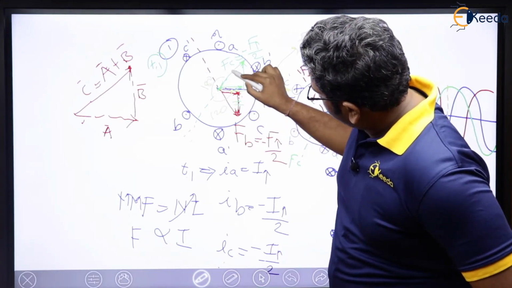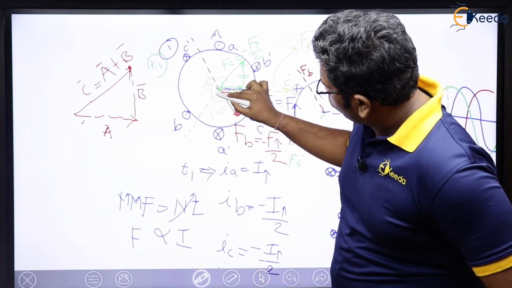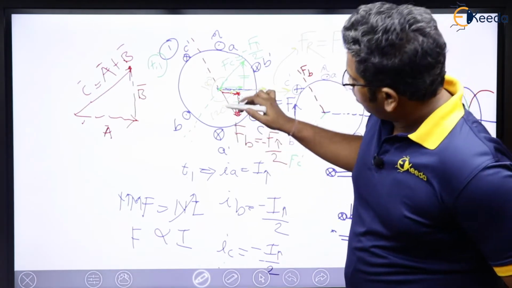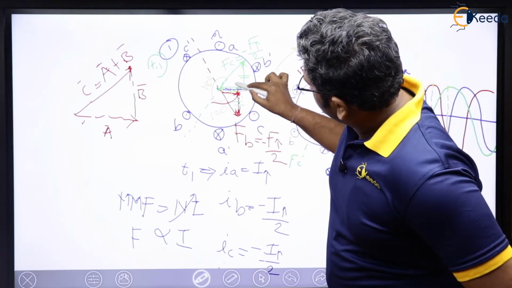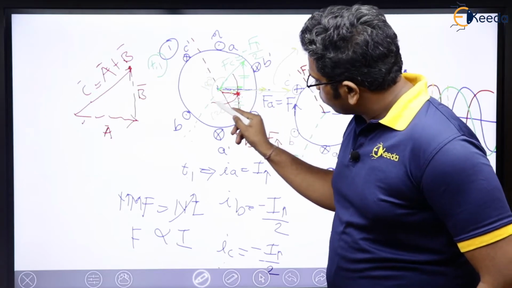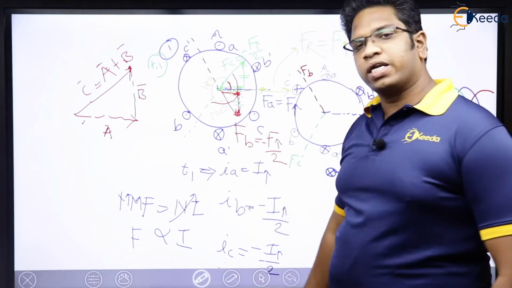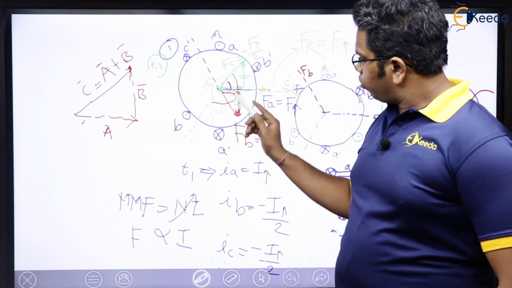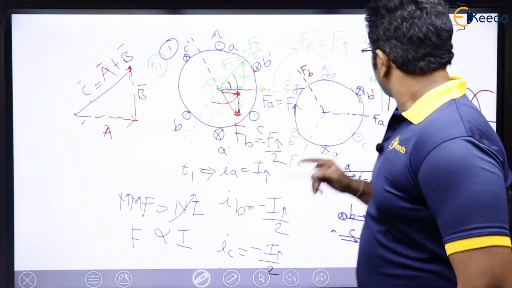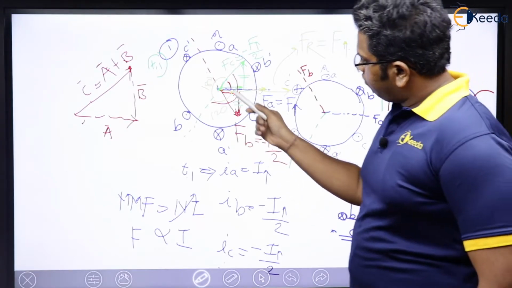If this complete is 180 degrees and this much is just 120 degrees, this angle left is going to be 60 degrees, right? So this one will be equal to what? F maximum into, if this is 60 degrees.